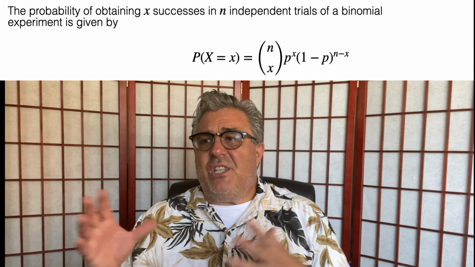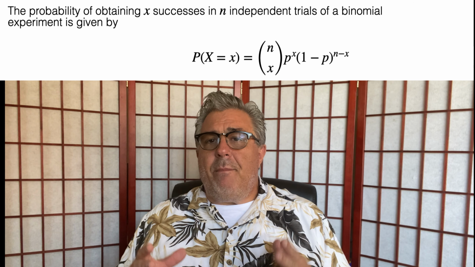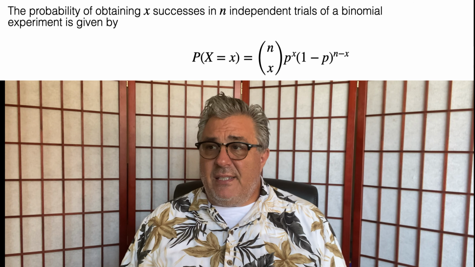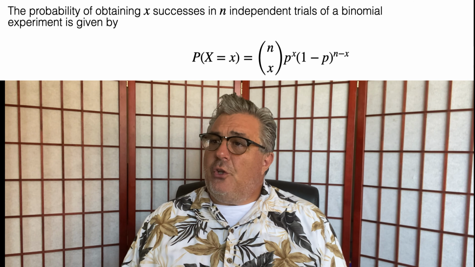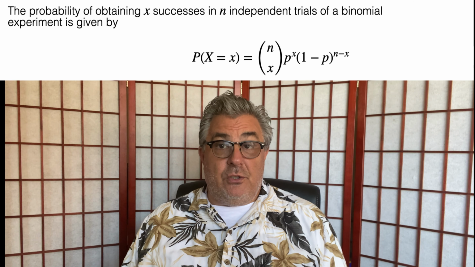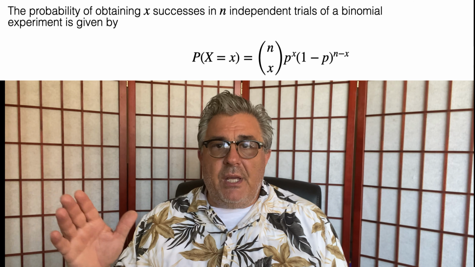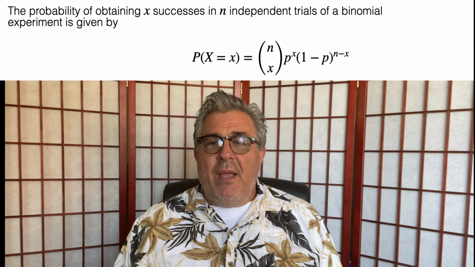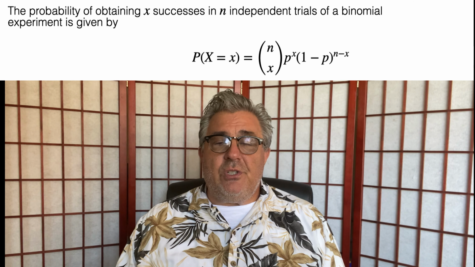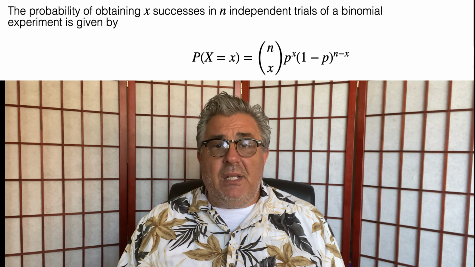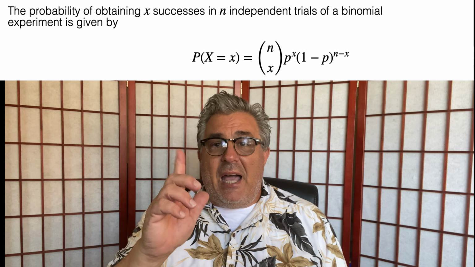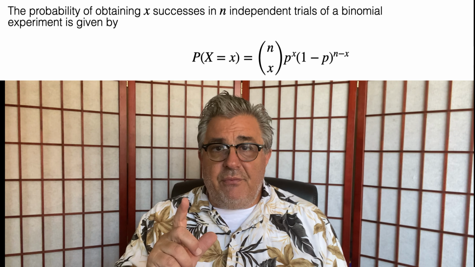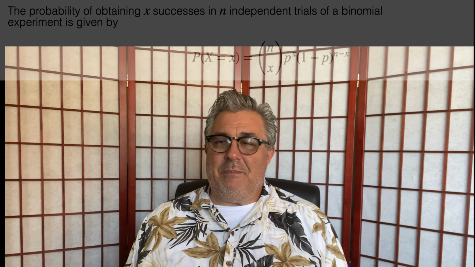So this is the formula for the binomial probability density function, and you'll notice that there are three components: the n choose x, the p to the x, and the 1 minus p to the n minus x. It would be nice to discuss what those three components mean and how to interpret them, but that, ladies and gentlemen, is left for another video.